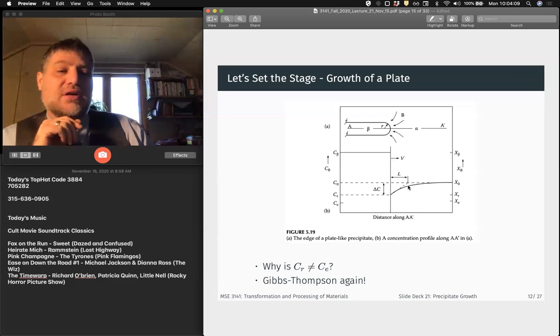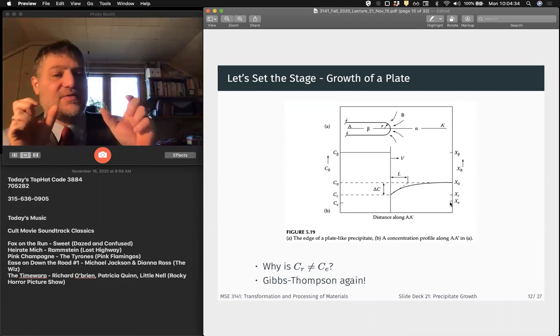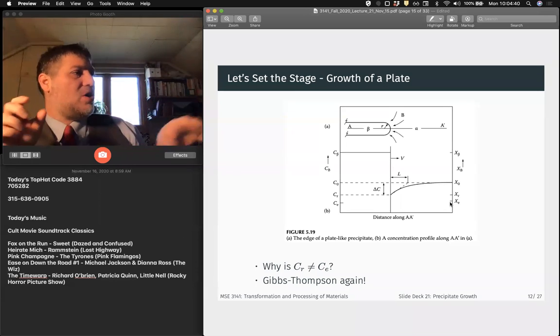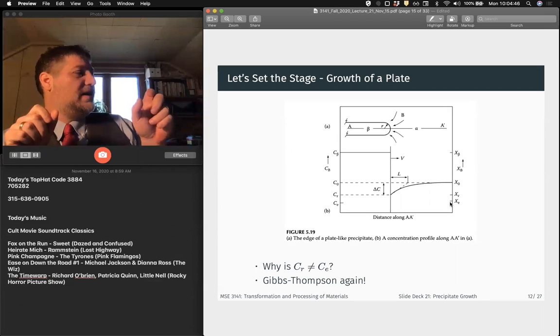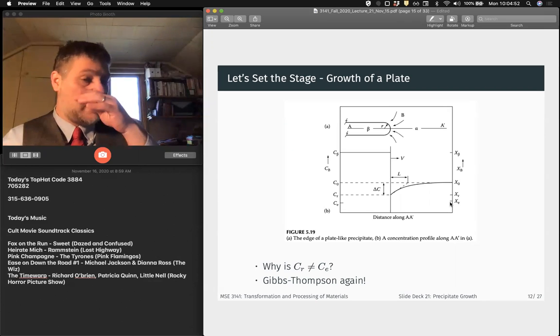Essentially, it's always going to take the same amount of volume fraction of beta to get us down from our alloy or material composition down to our equilibrium. The lever rule sets how much of each material we have. It's just what the distribution is. Did we nucleate a whole bunch of small particles? Then each particle is going to grow to a given size. It makes sense that if we nucleate twice the number of particles, each particle is going to have half the volume to get to the same volume fraction.